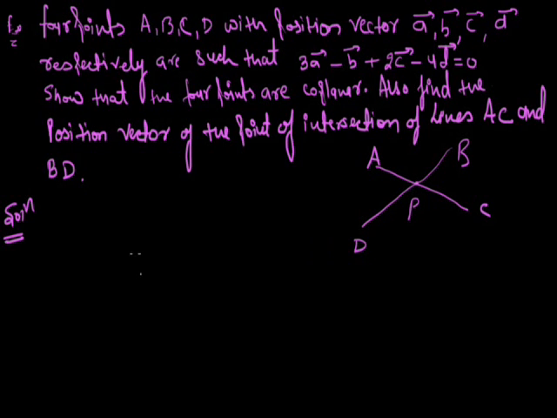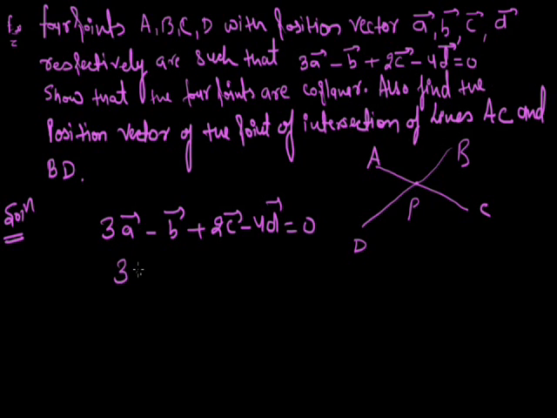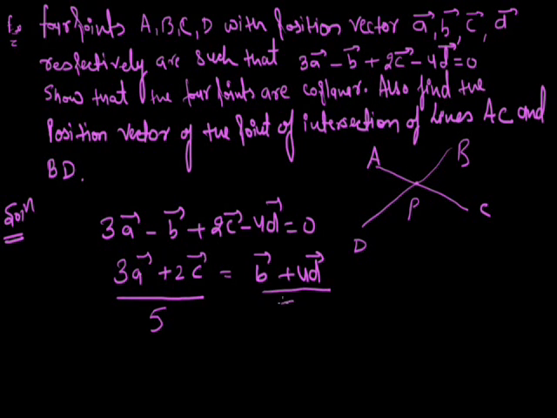The given equation is 3A vector minus B vector plus 2C vector minus 4D vector equals 0. So 3A vector plus 2C vector is equal to B vector plus 4D vector. Now if I divide both sides by 5, it will not affect the result.